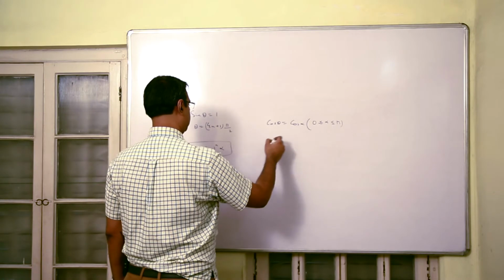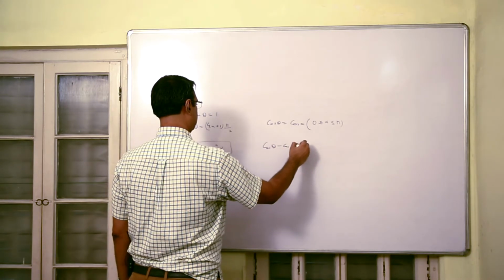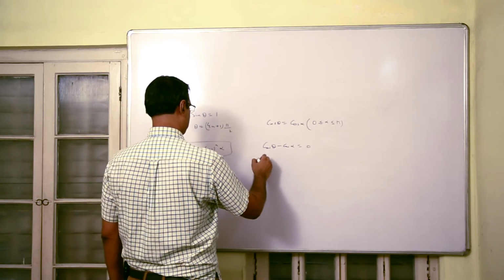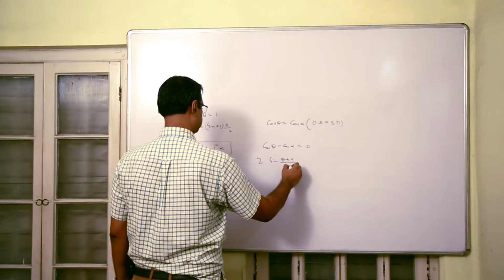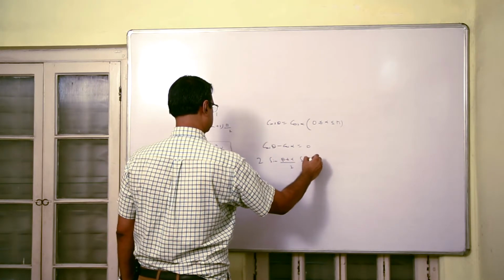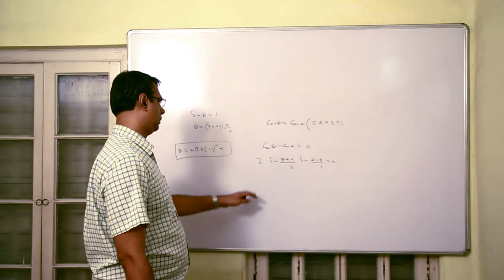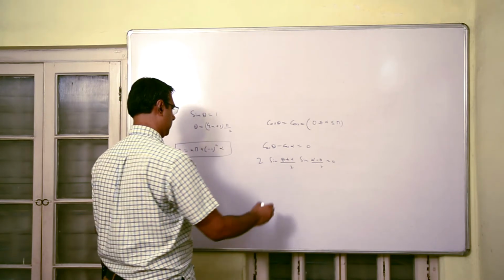Now if cos theta equal to cos alpha, then as we always do, bring cos alpha to the left and do the transformation.